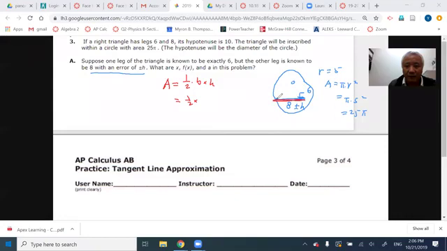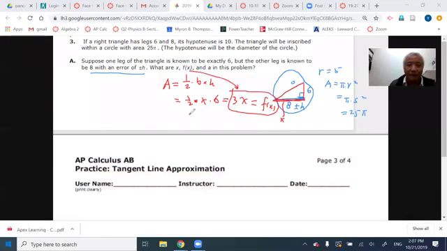The base, we consider it as the x, because this will keep changing. So times x, and then the height is 6. So we know this one equals 3x like this. Okay? So this one is what they call fx. So fx will be equal to this.